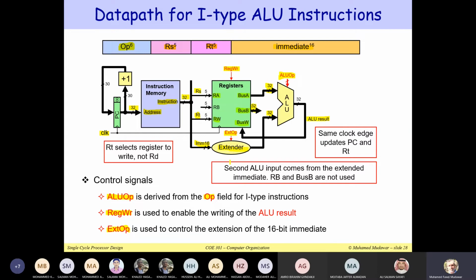For some instructions, like add immediate, the immediate is signed, and therefore we have to use sign extension. Whereas in the case of AND, OR, and XOR immediate, these are logic operations. According to the MIPS architecture, we have to use 0 extension. So we have to tell the extender to use 0 extension or sign extension. That's the extender operation.